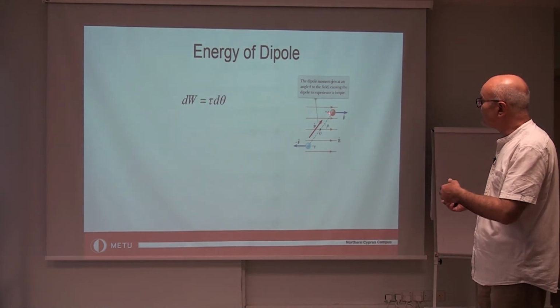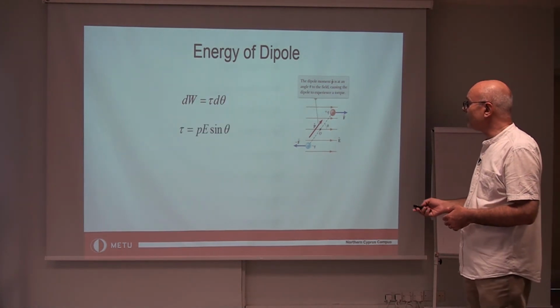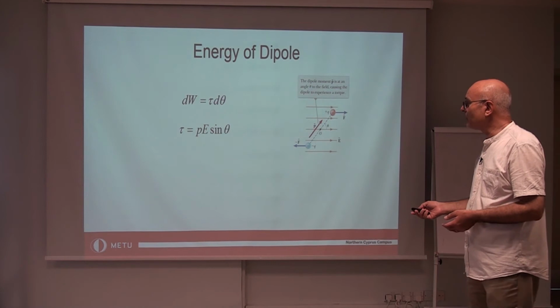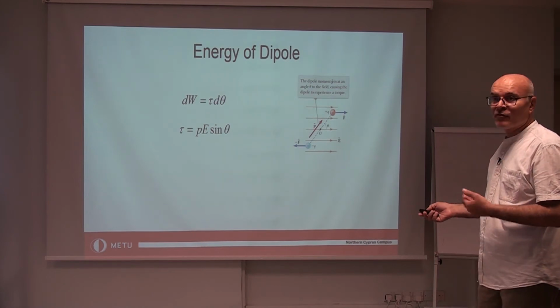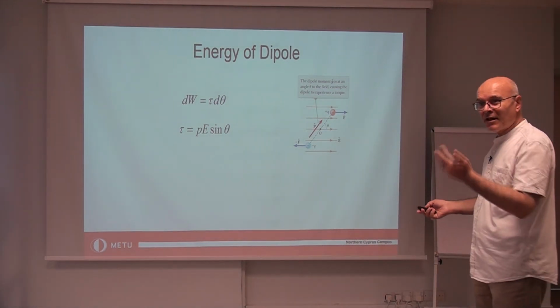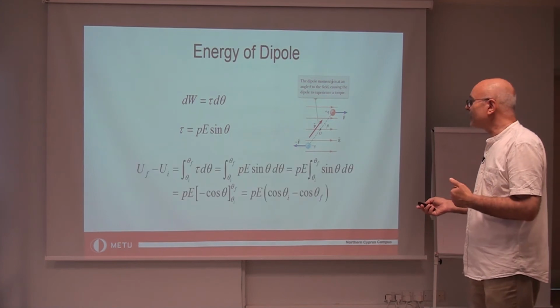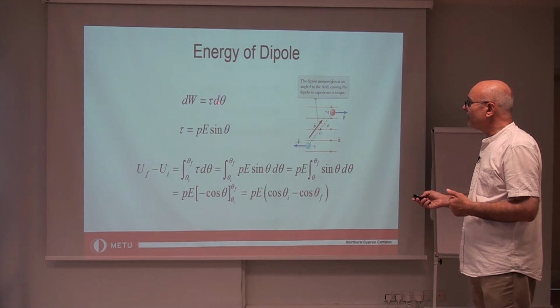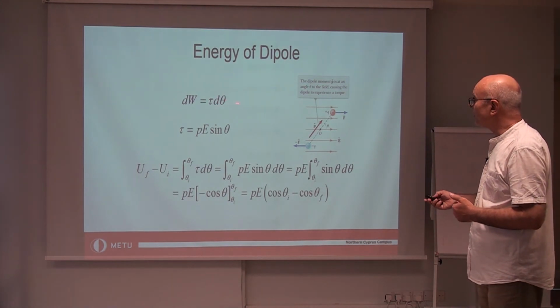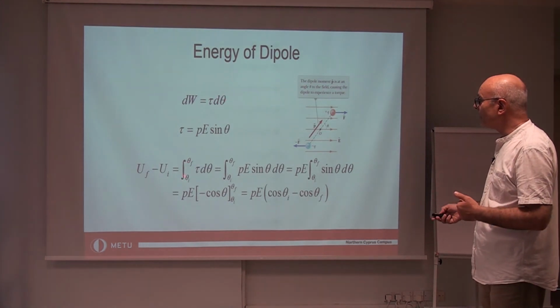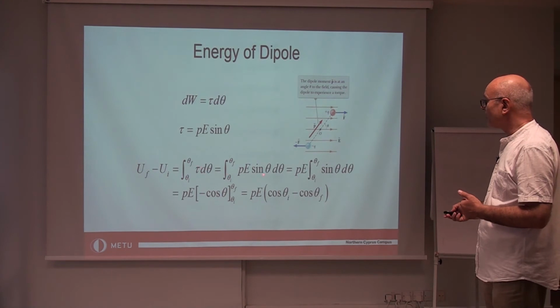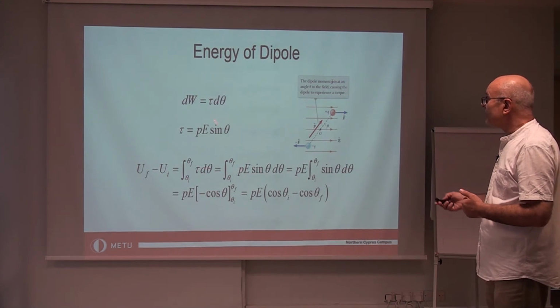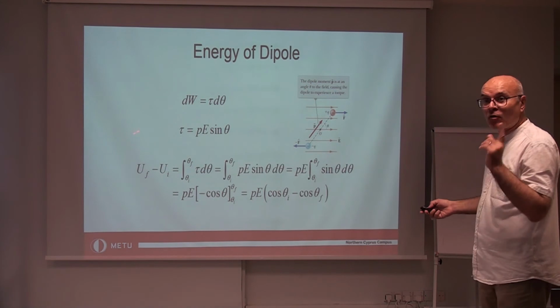So what is it when it is rotated all the way? It is just the integral. This is your torque applied by the external force, which is equal and opposite to the torque applied by the electric field. To find the final work when theta changes from theta initial to theta final, you just integrate. Now, although the force is constant, the torque is not constant.